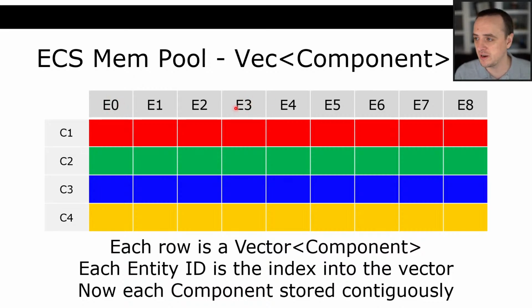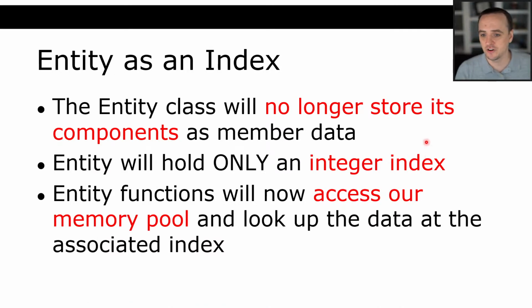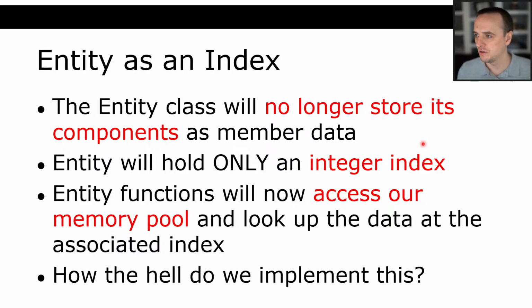So entity 3 doesn't store any actual data. It just says look up index 3 in all these vectors, and that's my component data. So entity functions will now access our memory pool and look up the data at their associated index rather than storing the data. Well, how could I implement this in C++?